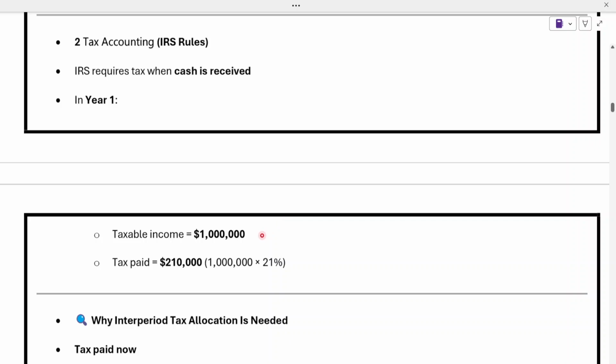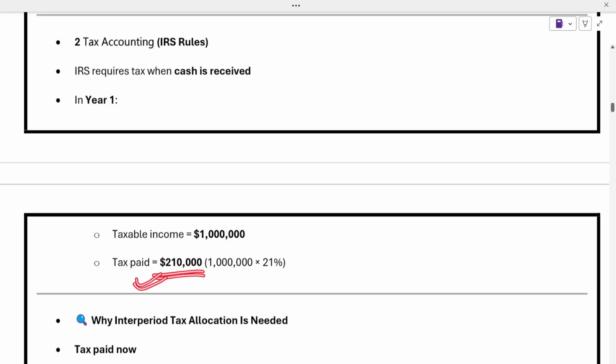Why will they say it? Because income tax doesn't account for this timing difference or accrual accounting concepts. The income tax simply knows, okay, the business got the cash, now they need to pay the taxes. So there will be tax paid of 21% on this 1 million, which gives $210,000 of taxes to be paid.